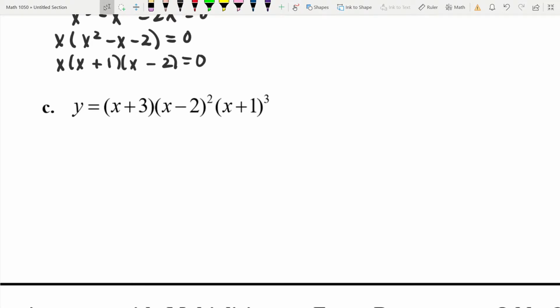Okay, so everybody look. How many numbers do I have? I have 3 of them. I have an x, I have an x plus 1, and I have an x minus 2. So I have to set each of those equal to 0. Set x equal to 0, I get x equals 0. Set x plus 1 equal to 0, I get negative 1. Set x minus 2 equal to 0, and I get 2.